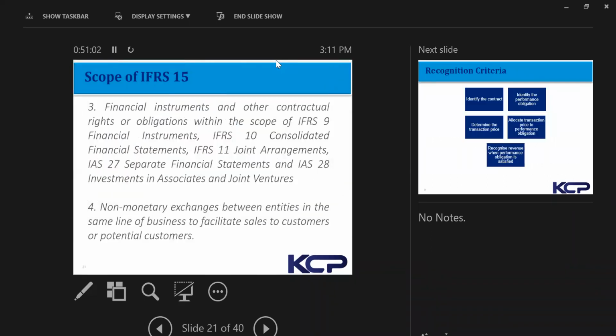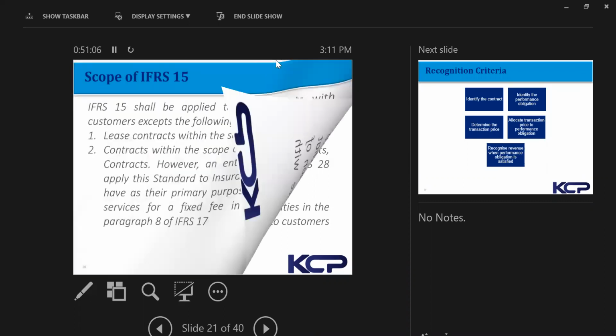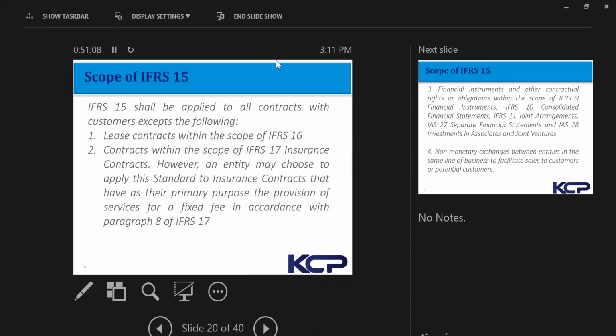All right, so also within the scope, remember we said anything within the scope of IFRS 16, don't even think about it. Sorry, do you need water? So anything within the scope of IFRS 17, don't think about it except there is a fixed fee.